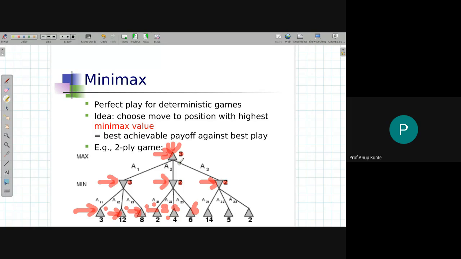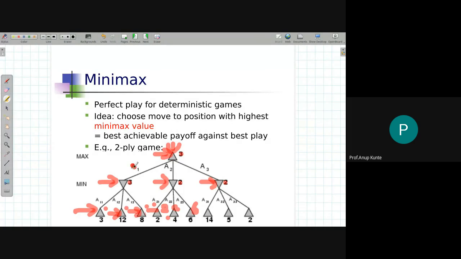We want to understand what is the best payoff that the person can achieve given he is playing in an adversarial environment. So ultimately, minimax will return me a minimax value for the node. Using this minimax value, I will guide my max player to take action A1.